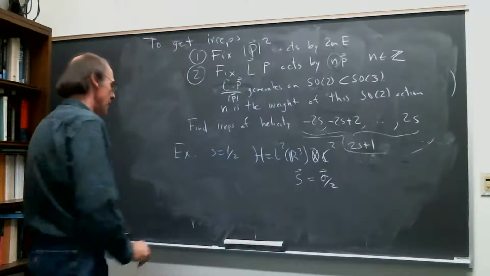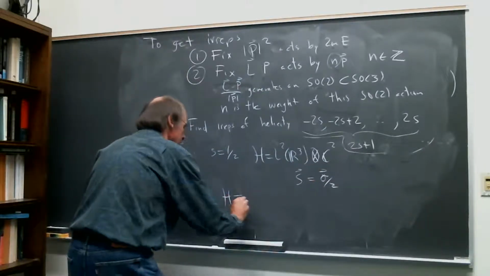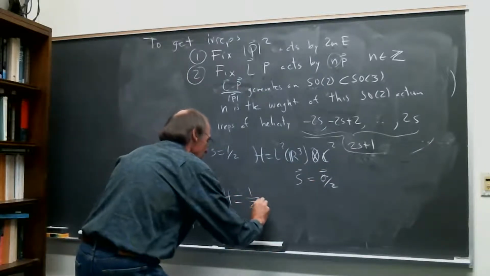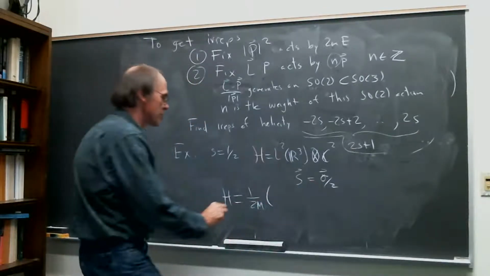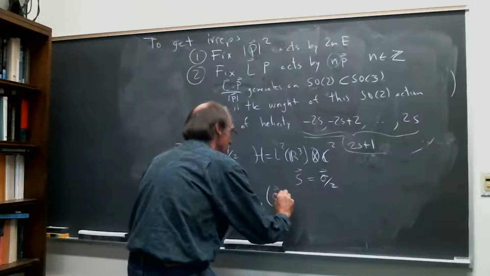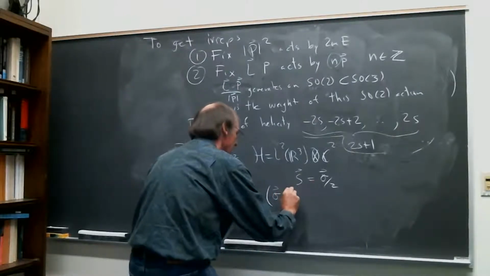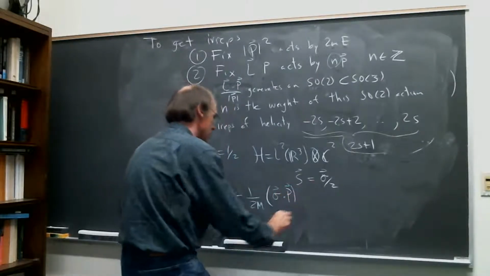And then the Hamiltonian is actually given by 1/2m. And then it turns out what's interesting about this theory is you can write it as sigma vector dot p vector, squared.